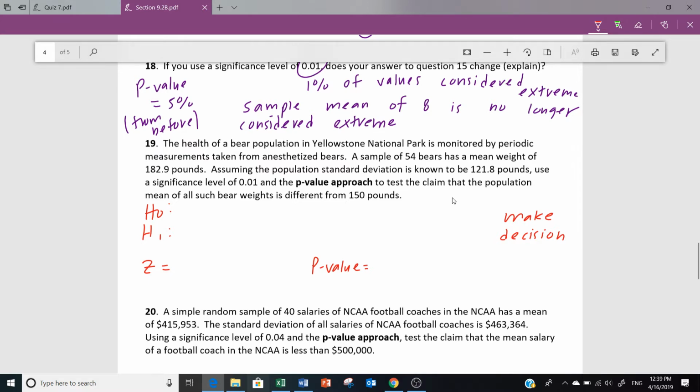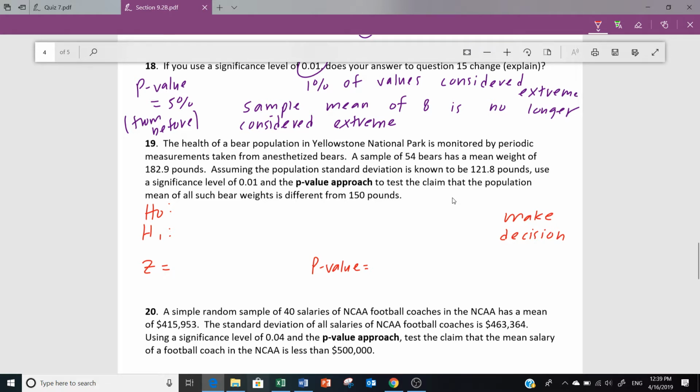Yeah, but we have to calculate. We're setting up our norm.